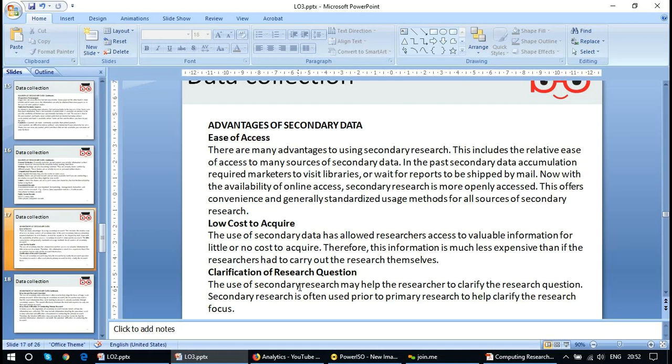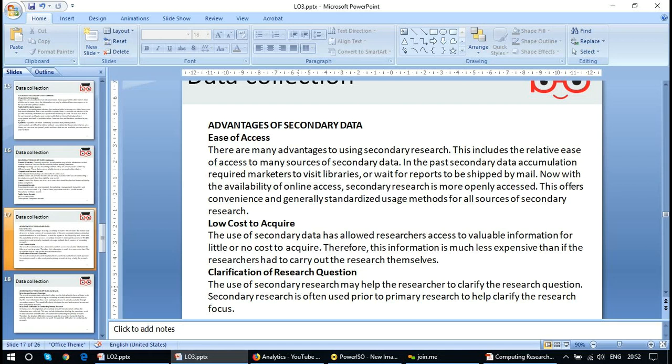Now, let us see the advantages of secondary data. Ease of access. It is obviously easy to access whatever research has been done. Nowadays you can get it electronically on the internet, through electronic journal subscriptions. Low cost to acquire.